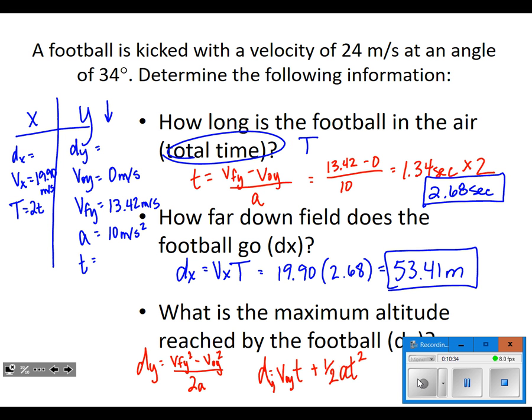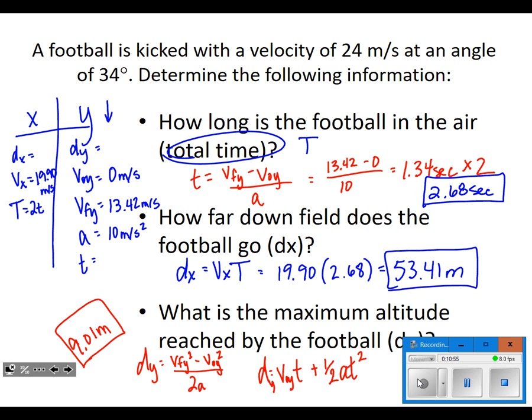Either one of those, as long as you do it correctly, will give you the right answer. So if I go up and I grab my 13.42 number and I square it and I divide it by 20, then that gives me 9.01. Okay, so the answer here should be 9.01 meters.